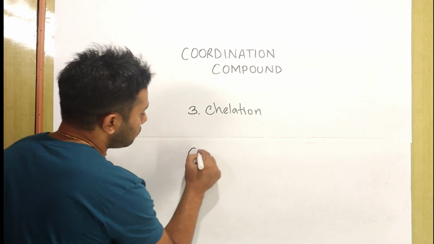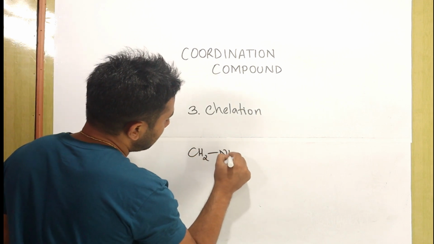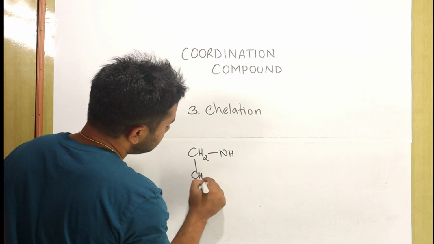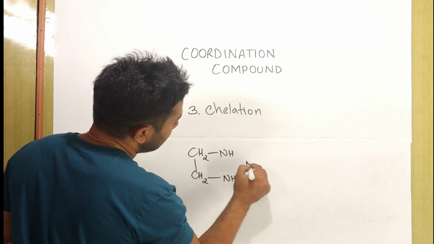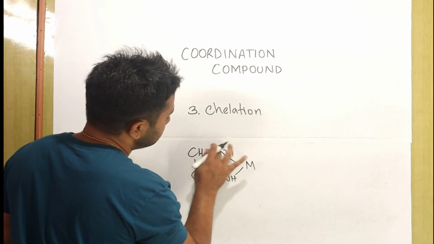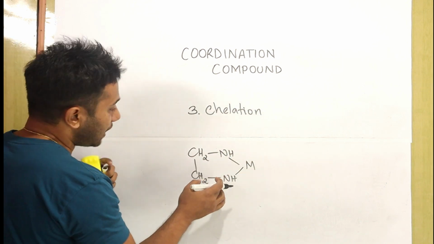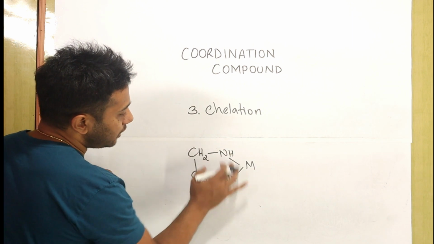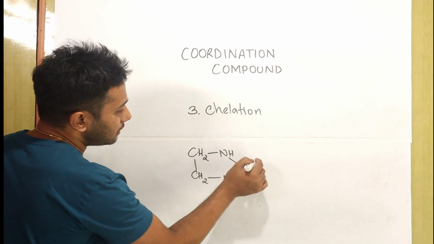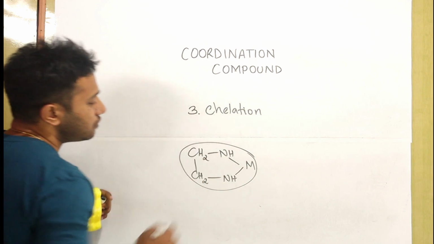So here I can write CH2NH, CH2NH, and here we have the metal. So this is En, right? Ethylene diamine. So both of these donor atoms are making coordination bonds with the metal ion, and they are forming a ring structure.